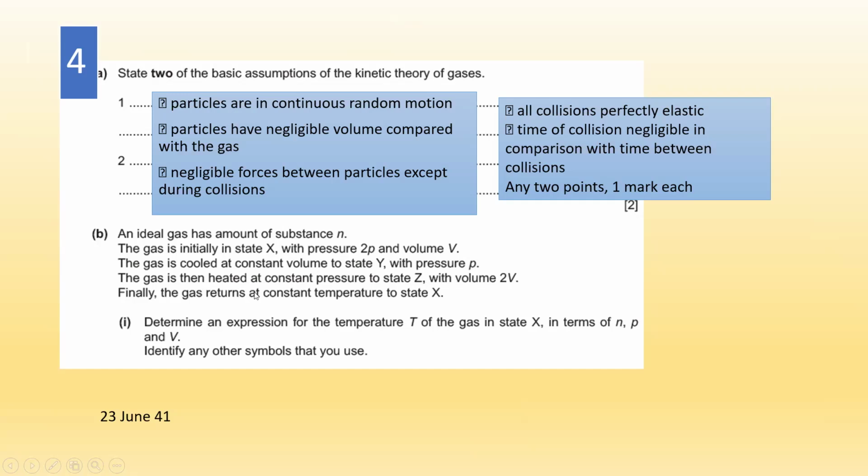Finally, the gas returns at constant temperature to state X. Determine the expression for temperature T of the gas in state X in terms of N, P, and V. Identify any symbol that you use. Okay, what should I do?